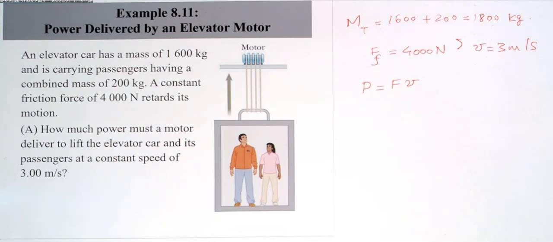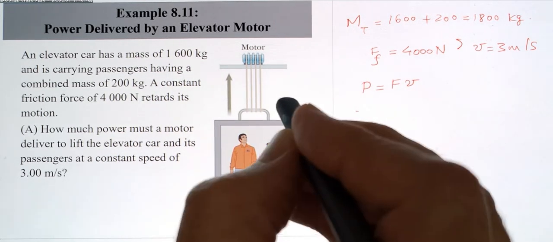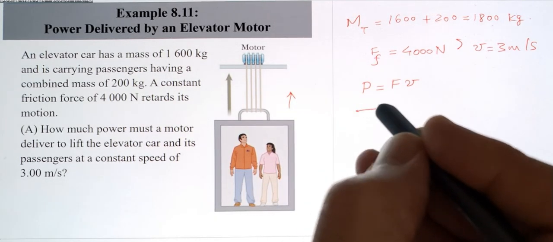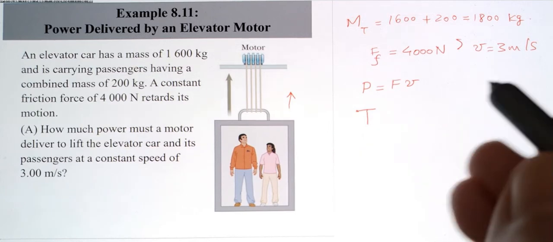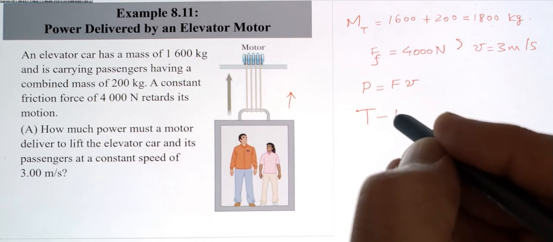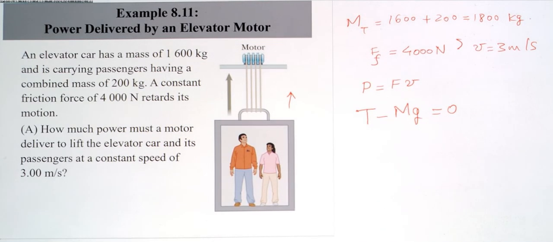For F, now we need to write our famous equations. So we have tension. The elevator is going up, that means tension is positive, the rest is negative. So we have tension minus mg equals 0. That is without friction.